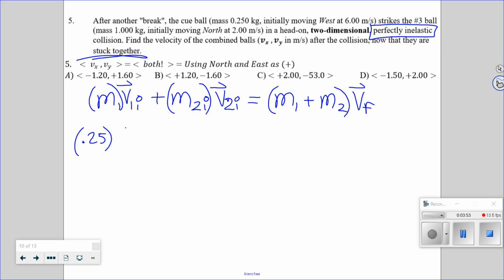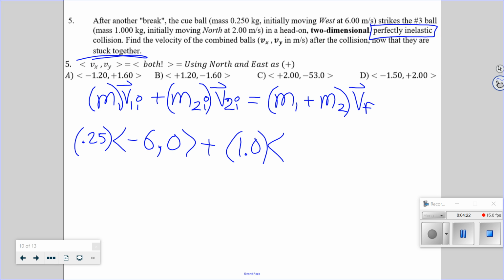Then I'm going to multiply by the vector velocity. It's initially moving west, which is negative 6 in the x column and 0 y, plus the other mass is 1.0 kilograms. Okay, this one's moving north. So what's its vector look like? What comma what? Christine?